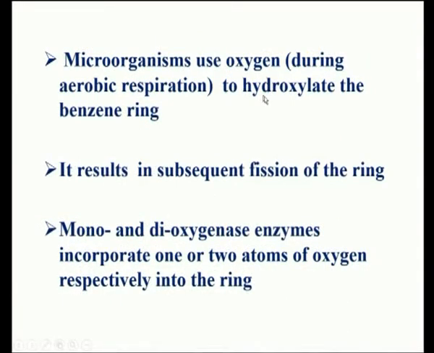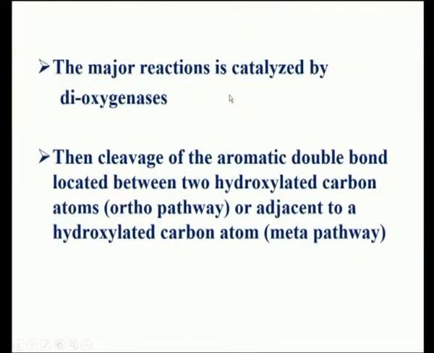Microorganisms use oxygen during aerobic respiration to hydroxylate the benzene ring. It results in subsequent fission of the ring. Mono- and dioxygenase enzymes incorporate one or two atoms of oxygen respectively into the ring. So, the major reaction is catalyzed by dioxygenases, the enzymes that carry out the entire reaction. Then comes the cleavage of the aromatic double bonds located between two hydroxylated carbon atoms or adjacent to the hydroxylated carbon atoms.